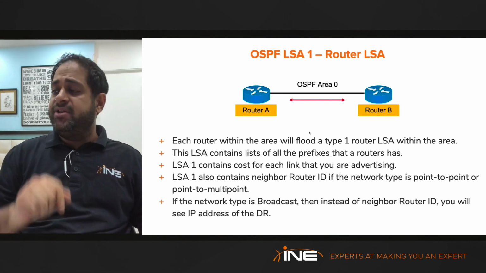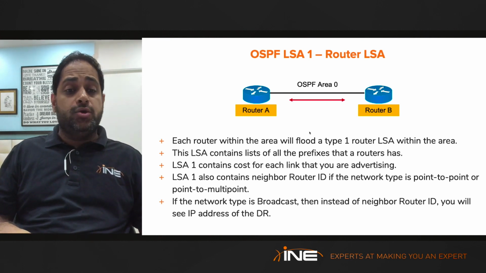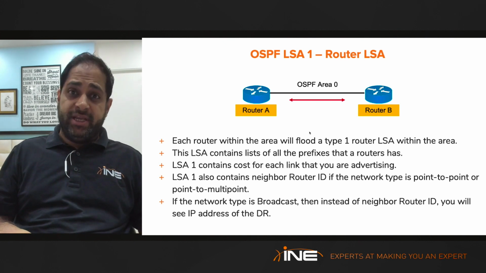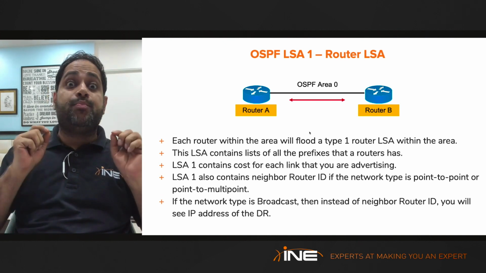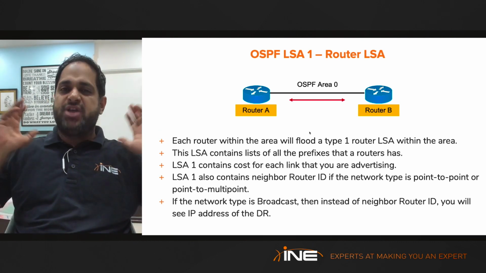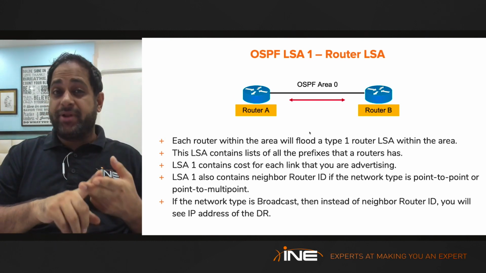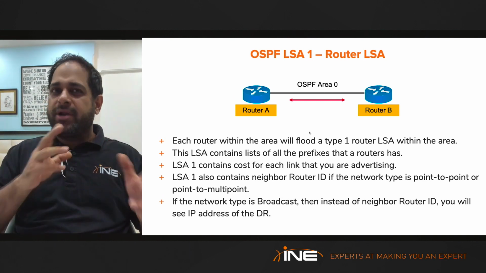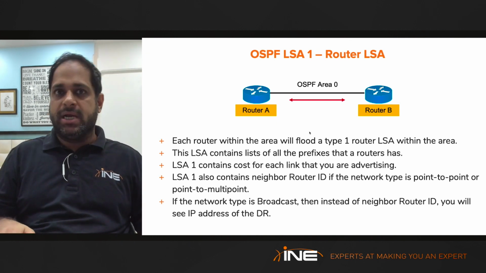So if the network type is broadcast, instead of the neighbor router ID, you would see the IP address of the DR. So this is LSA1. So remember, LSA1 is prefix information. It contains a list of all the networks which I'm advertising to you, including the cost, including the neighbor's router ID. The neighbor router ID may change to the DR's IP address in case it's a broadcast segment.